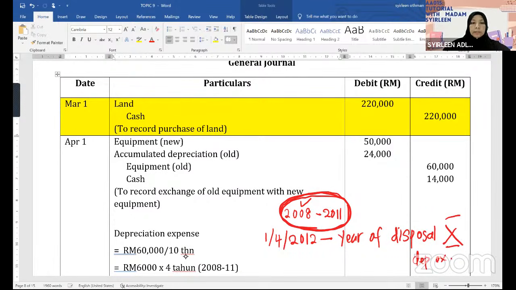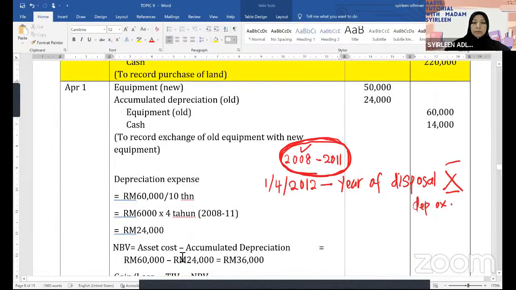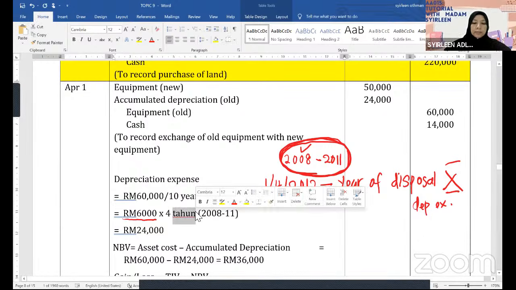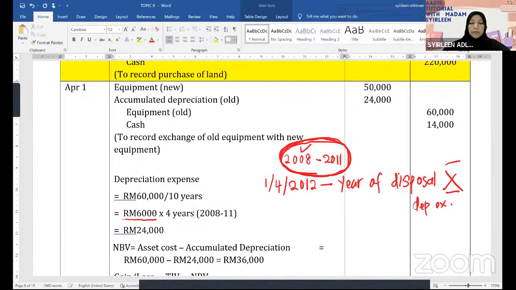Okay, alright. So depreciation expense kita tahu setahun ialah 6,000. Okay, kita darab 4 years. Right. So this is 4 years. Okay, which is 2008 until 2011.